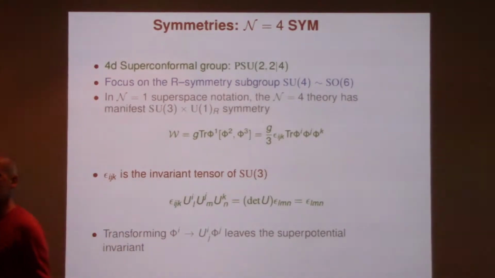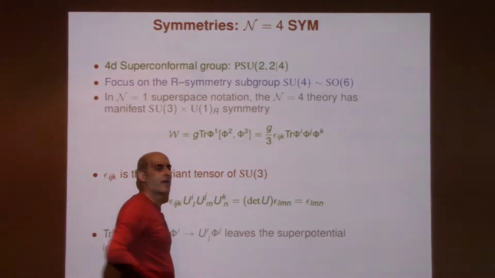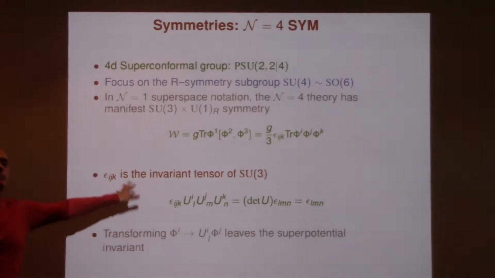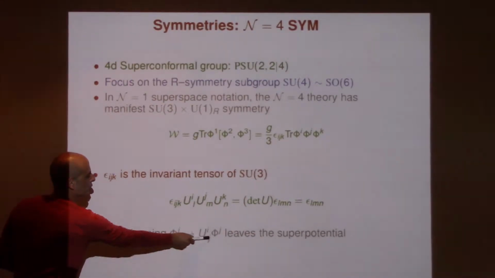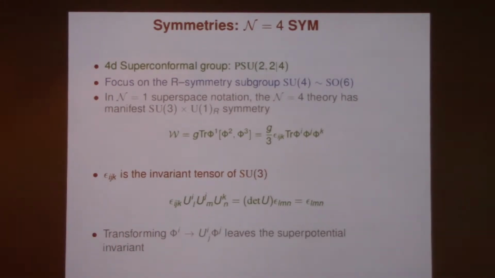The determinant of SU(3) is 1. So this matrix U that I transform my phi with has to be an SU(3) matrix. I mean, there are other reasons, but this is one way of seeing why this is invariant. So if you take phi to U phi, with U being an SU(3) matrix, this is invariant.